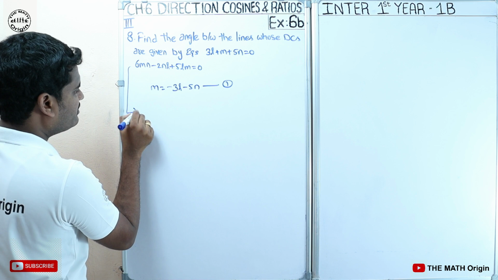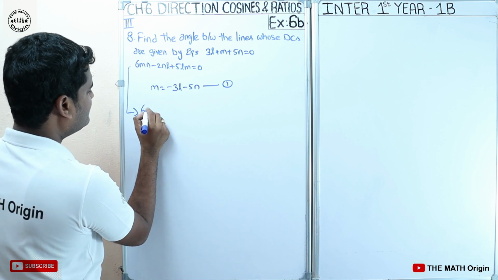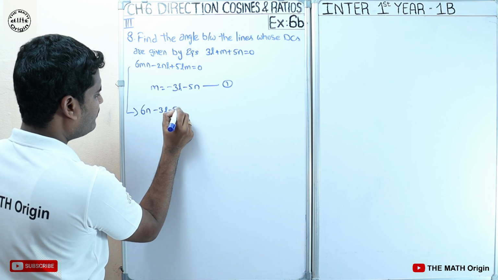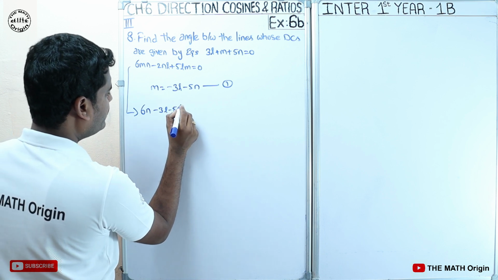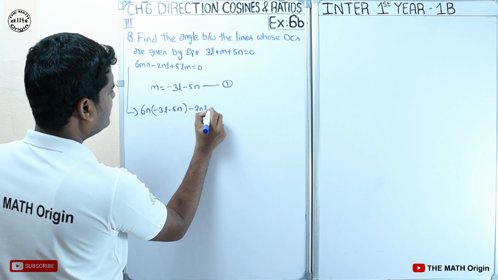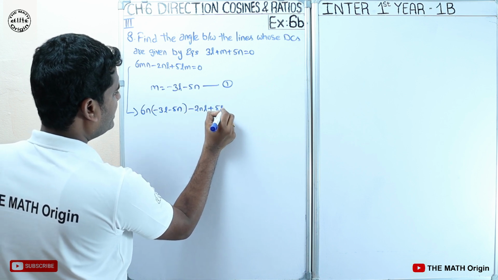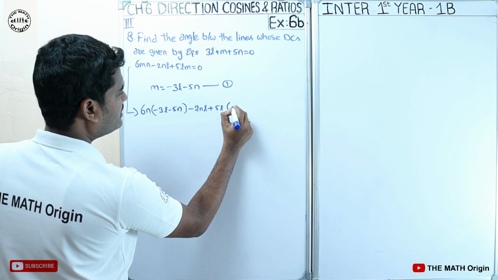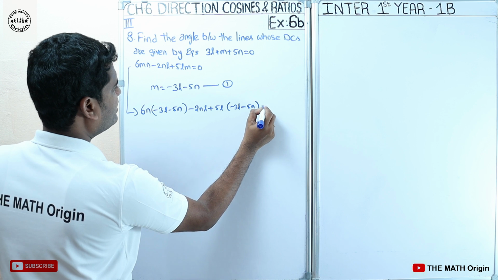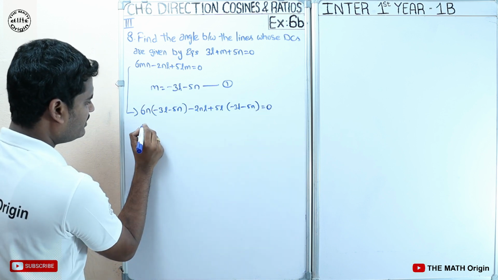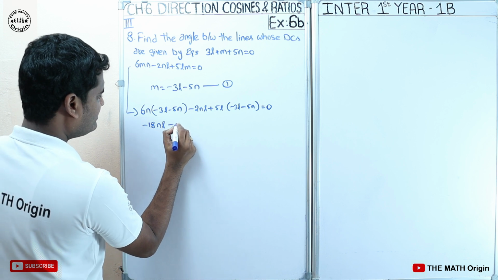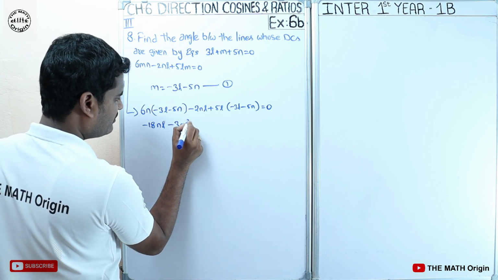From this equation I will substitute the m value, m is minus 3l minus 5n, into 3mn minus 2nl plus 5lm equals 0. Okay, from this we get minus 18nl minus 30n square.